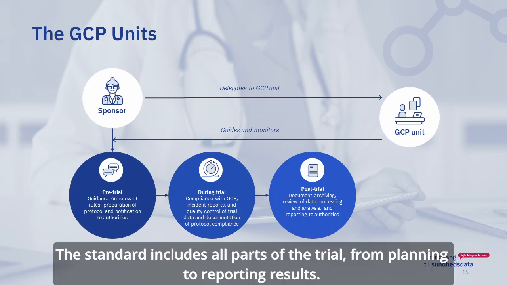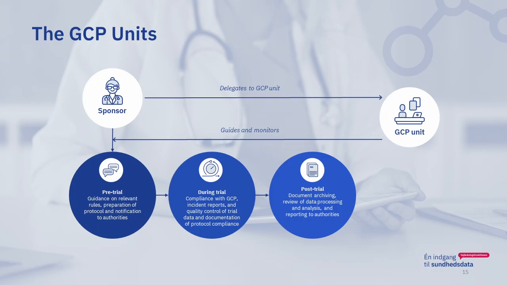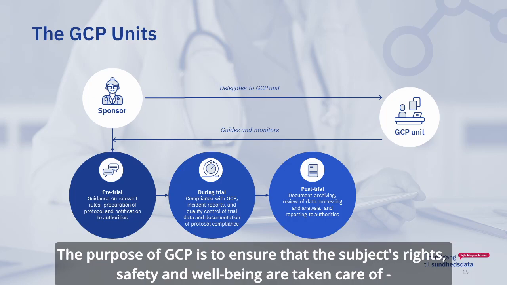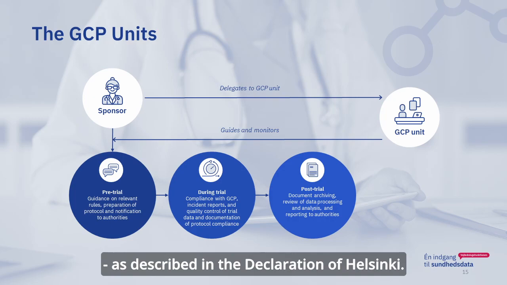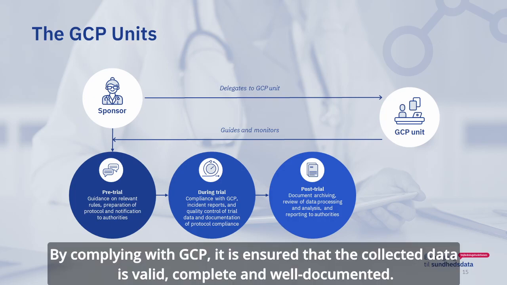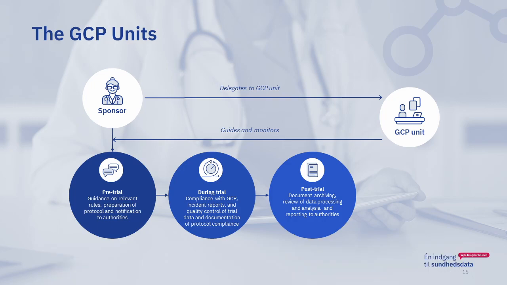The standard includes all parts of the trial, from planning to reporting results. The purpose of GCP is to ensure that the subject's rights, safety and well-being are taken care of, as described in the Declaration of Helsinki. By complying with GCP, it is ensured that the collected data is valid, complete and well documented.